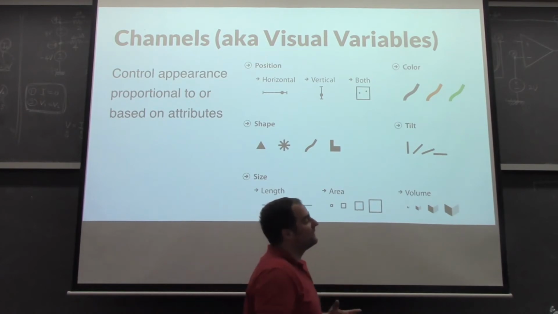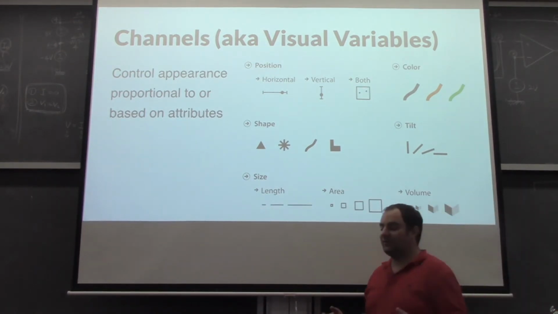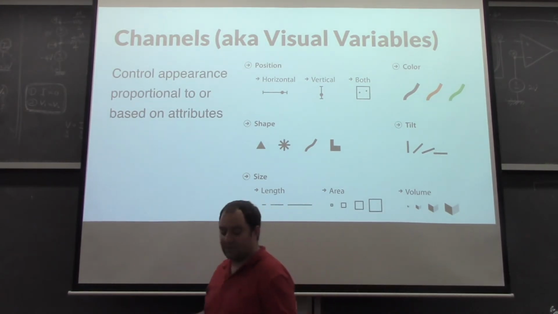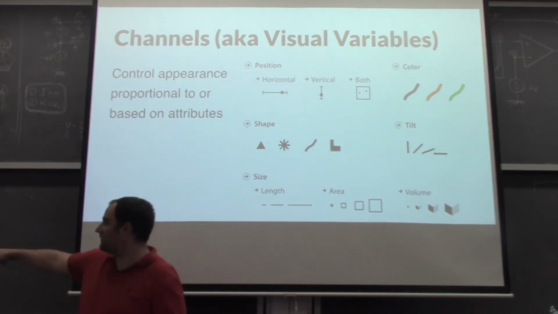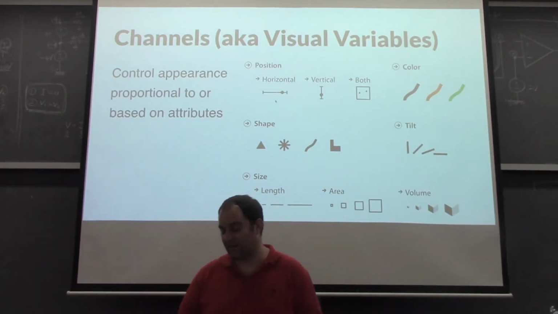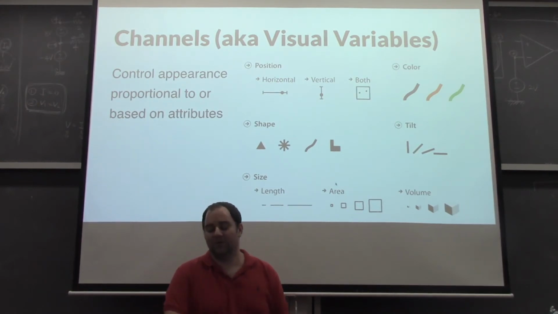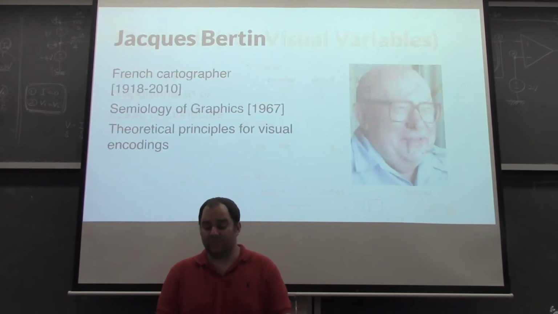And then we have this vocabulary of channels or visual variables. They control the appearance, proportional to or based on an attribute. And these are the ones that we came up with here. Things like position on a number scale, or color, or shape, or tilt, or the length, or the area, or the volume. And of course, not all of them are equal.